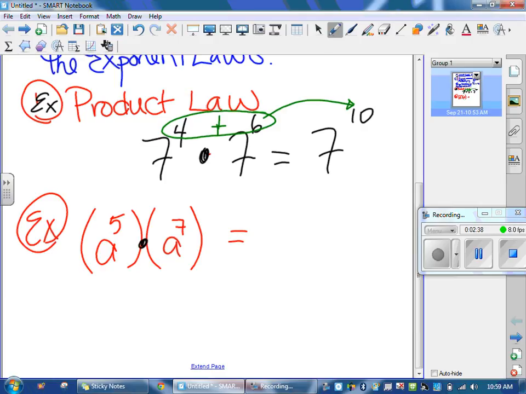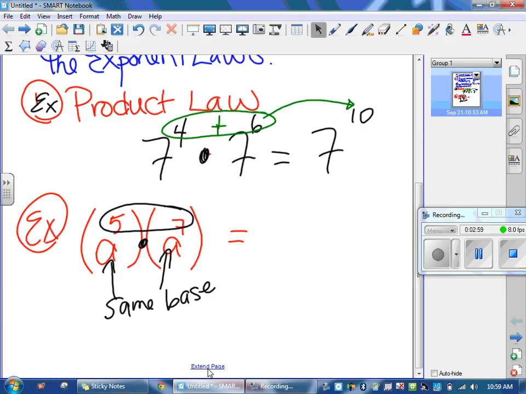They're not going to show you the multiply sign. They expect you to know that means multiply when they're side by side. Again, because I'm multiplying, bases are identical. Okay, so same base. Remember your two conditions, same base, and you're multiplying. That means now you add the exponents. So my final answer will be a exponent 12.